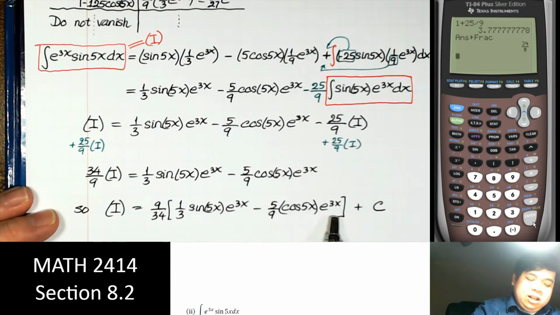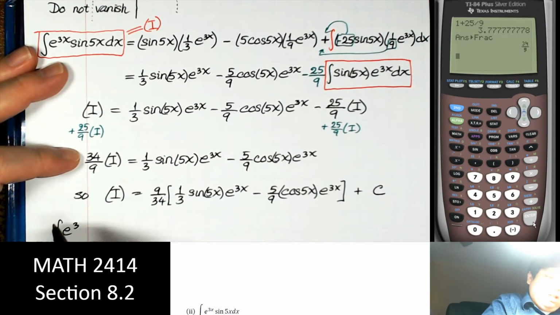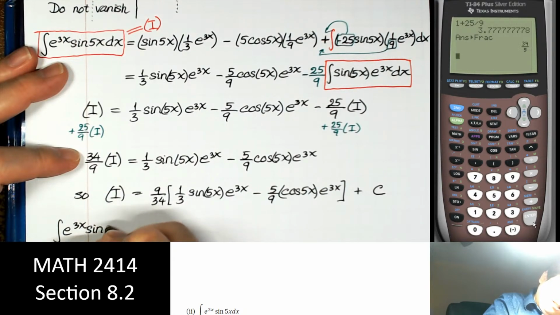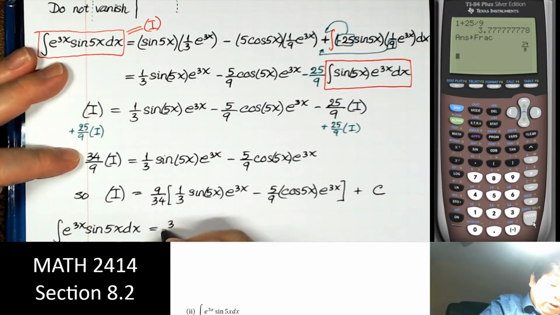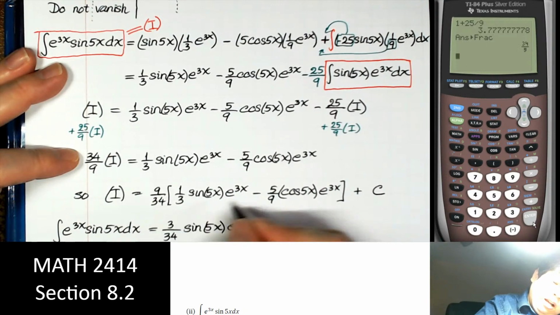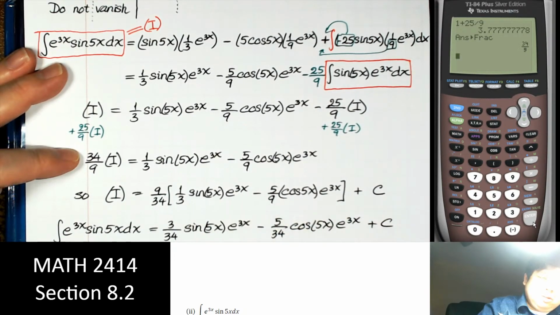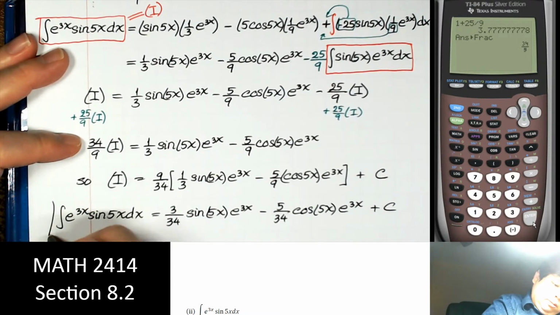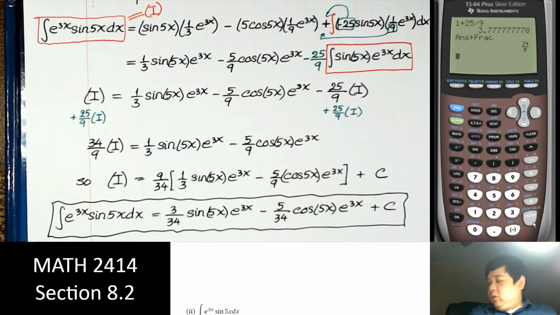Of course, we can always multiply this inside, and finally we have the integral e to the 3x sine of 5x dx equal to, multiply this out, 9 and 3 cancel out, 3 over 34 sine of 5x e to the 3x, 9 and 9 cancel out, 5 over 34 cosine of 5x e to the 3x plus c. Right. So that's how we integrate.